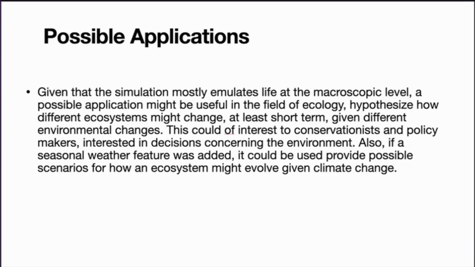It could potentially be used to hypothesize how an ecosystem might change, at least in the short term, as the environment changes. This could be useful to conservationists and policymakers trying to determine the outcomes of different decisions they take.